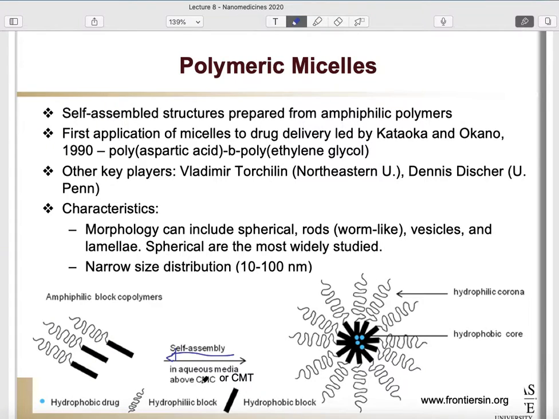As you see here, the self-assembly occurs above the CMC or the CMT. CMC is the critical micellar concentration, CMT is the critical micellar temperature. So the assembly occurs above those two. So of course, if the temperature goes below the CMT, or if the concentration of the polymer goes below the CMC, there could be this assembly process going back into the solution phase.